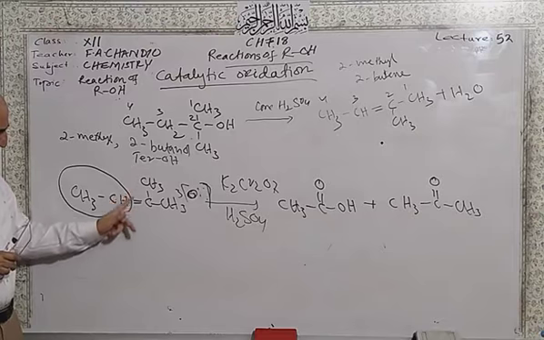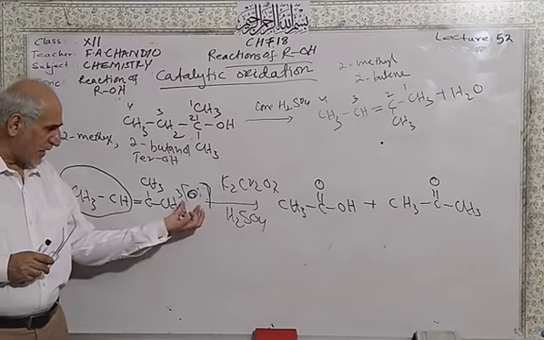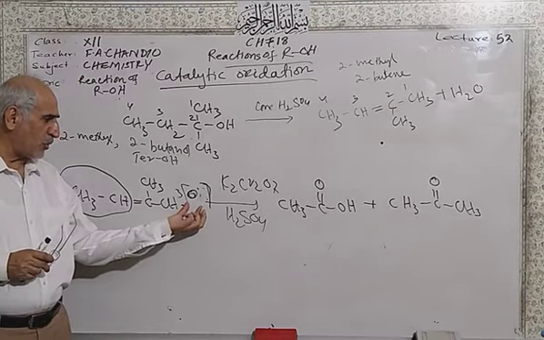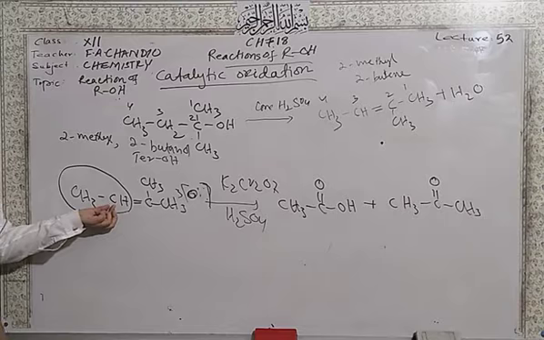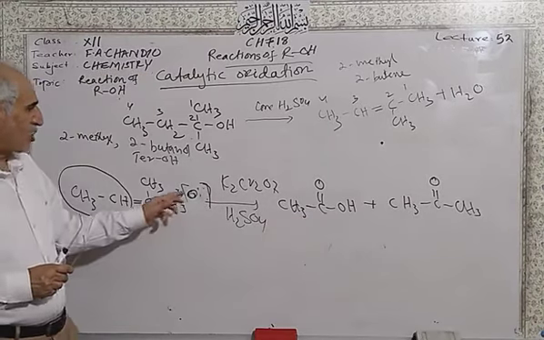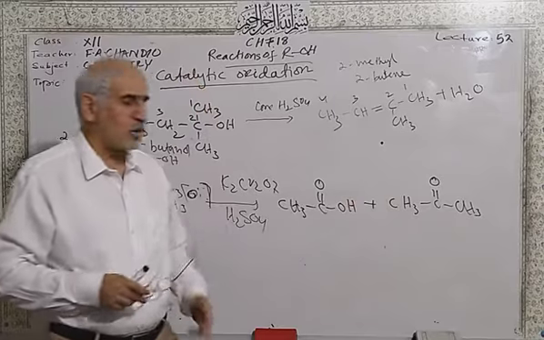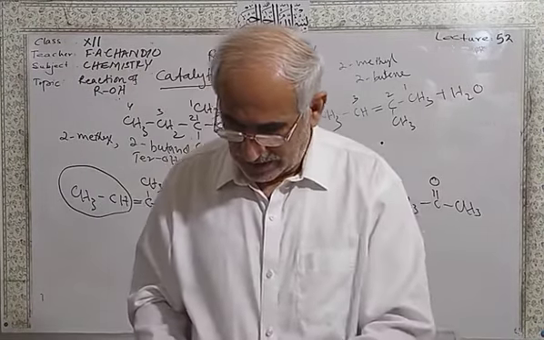This portion is going to be broken down in the presence of potassium dichromate and sulfuric acid, and this is going to produce 3 atoms of oxygen, 2 atoms of oxygen combined to make a carboxylic acid here, and 1 oxygen is going to form a ketone. So 2 products you will get in this case.